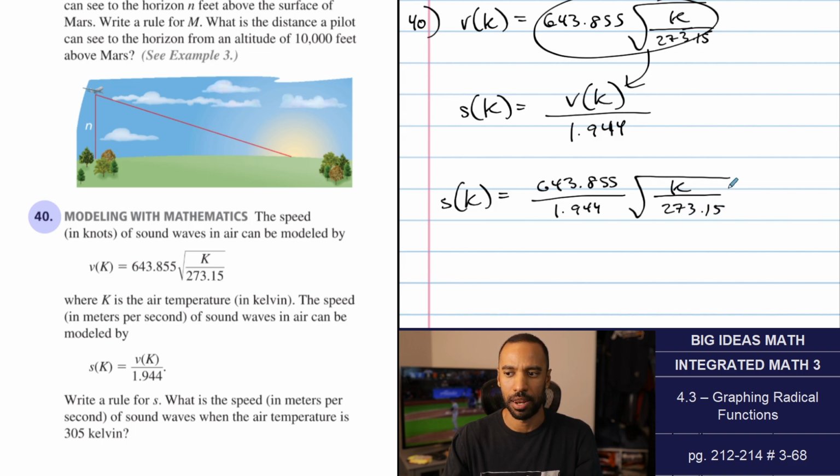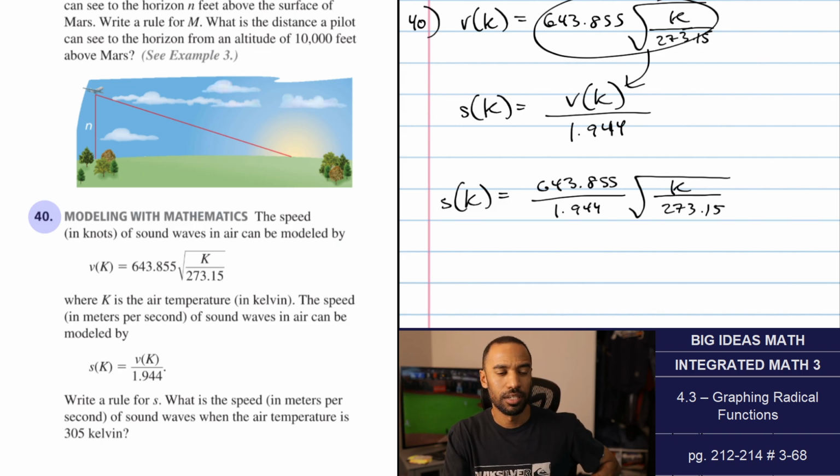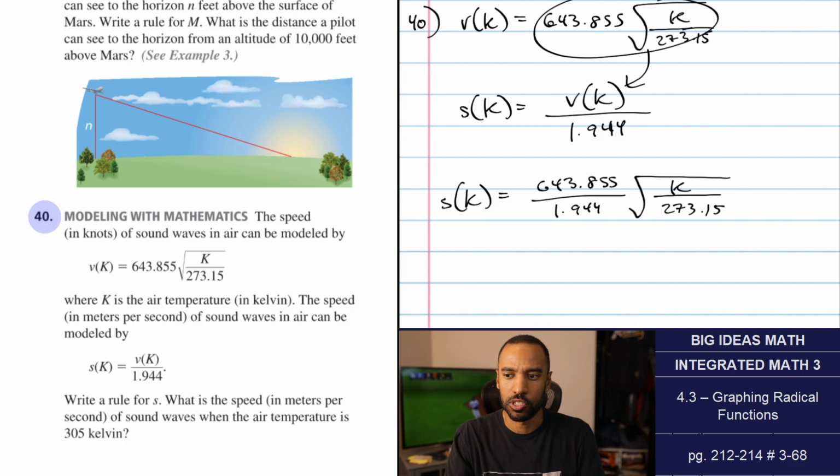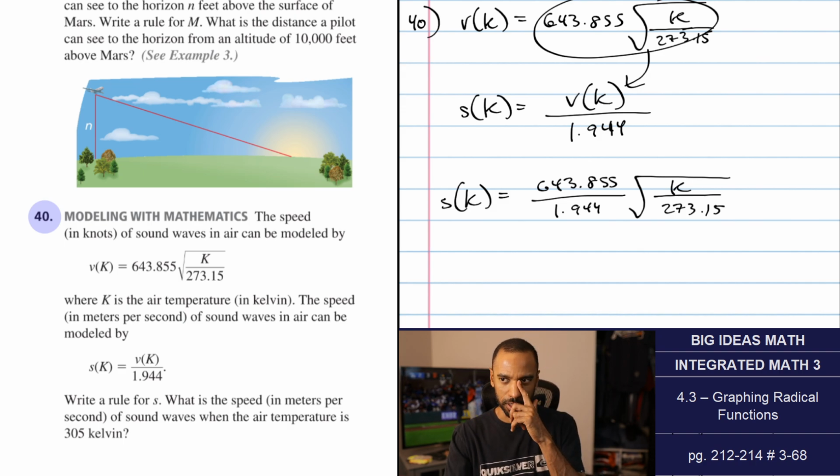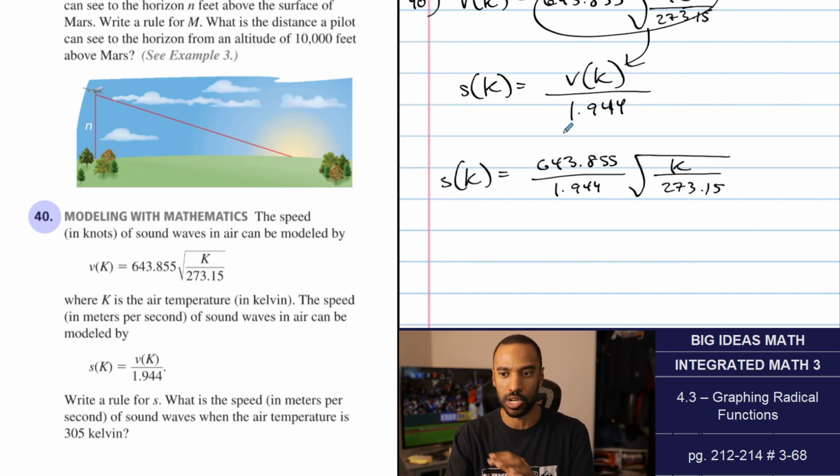Now don't try and clean up anything inside here, right? We'll just leave it like that. I just want to see if those two other numbers can divide evenly. I'm going to guess not, but maybe. If it's still an exact decimal, I'll go ahead and write it. 1.944. Yeah, no, it's something funky. But I still need to use it in my calculation anyway, right?